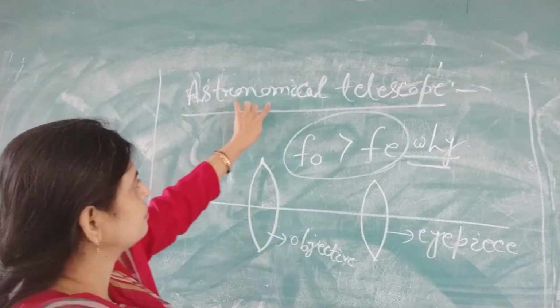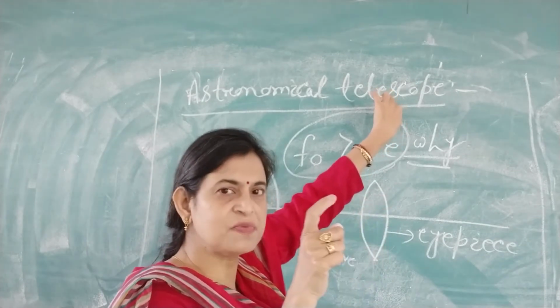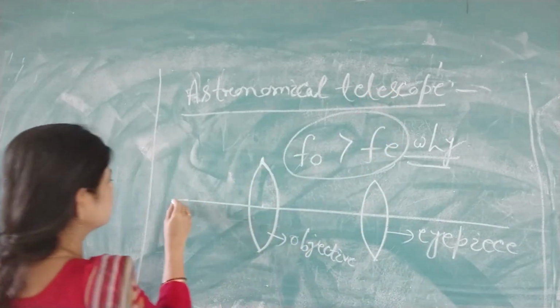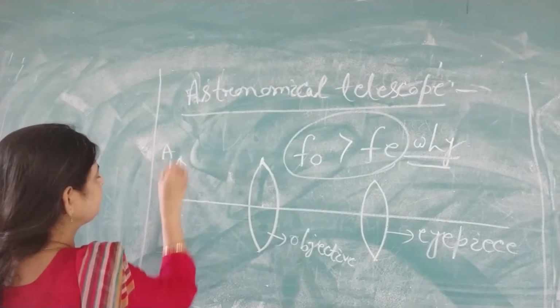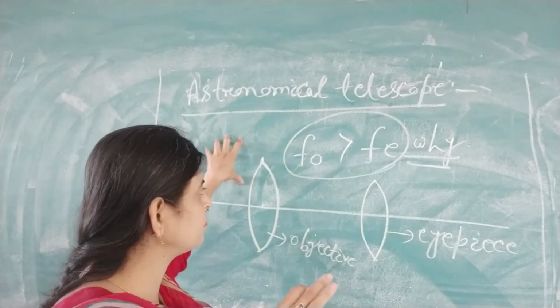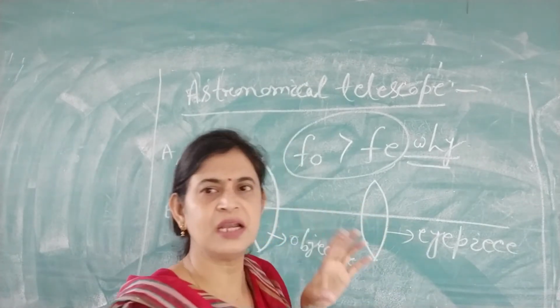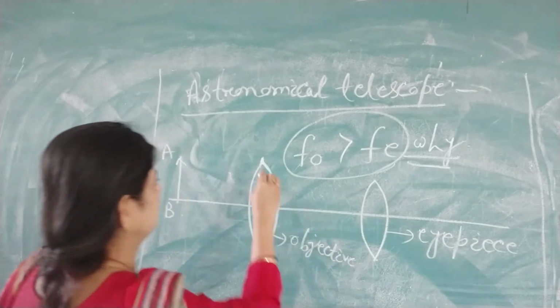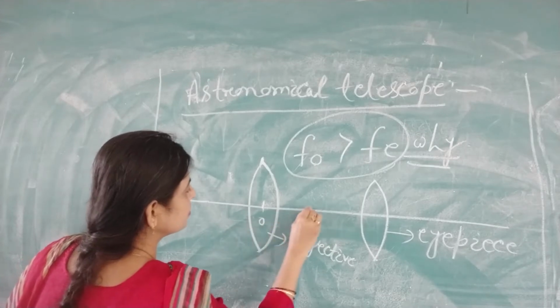Here, the astronomical telescope is used to see heavenly objects. A heavenly object means the object is placed at infinity. Infinity means at that time we have to consider the incident rays coming parallel to each other. So, suppose this is the optical center.